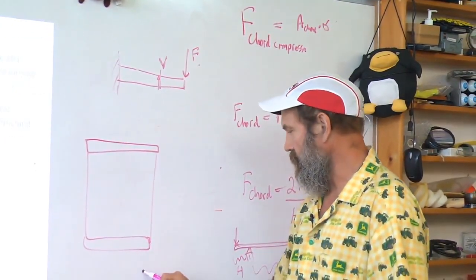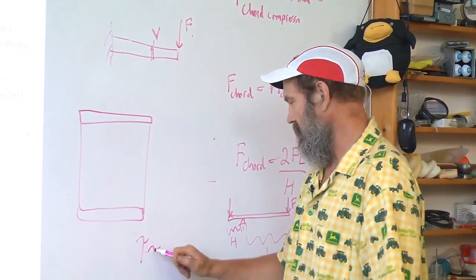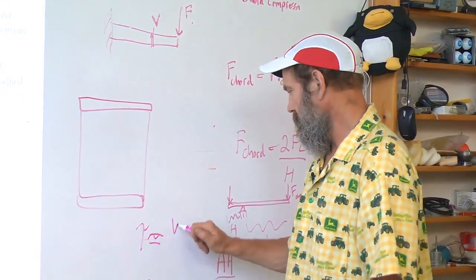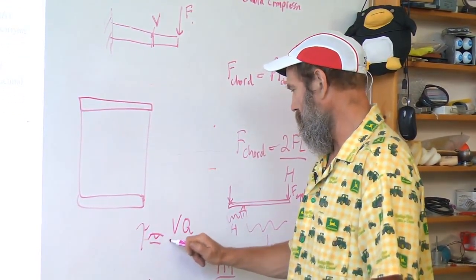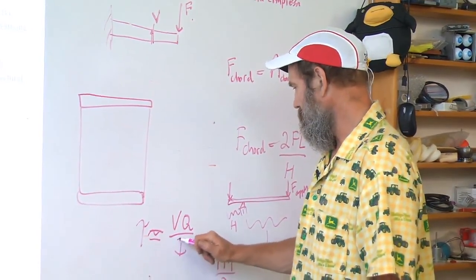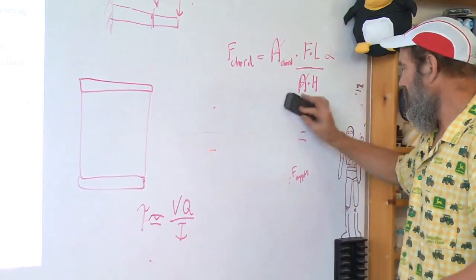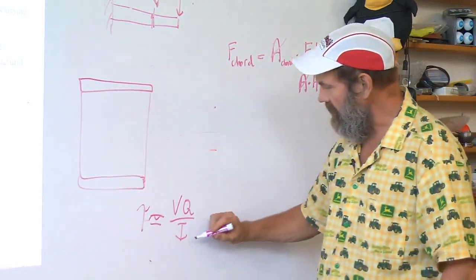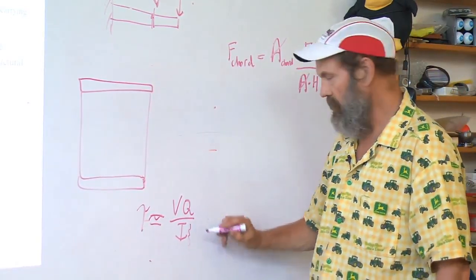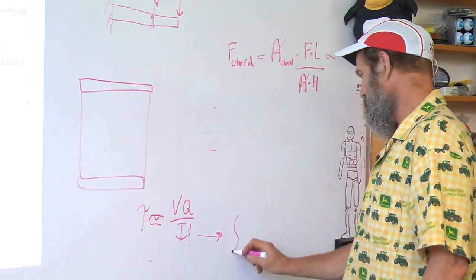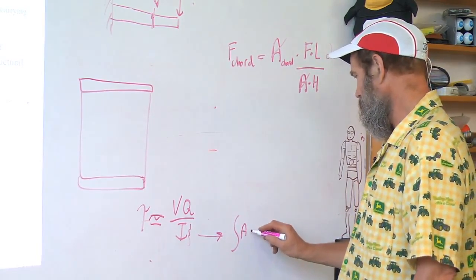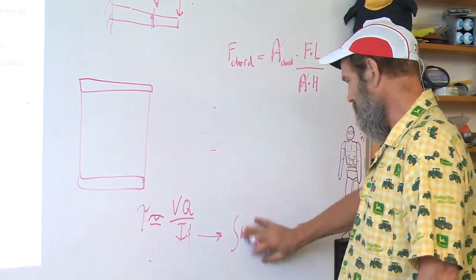And it turns out that the shear stress is like a term VQ over I, where I is what we know as the second moment of the area, that we get from the integral of y squared dA.